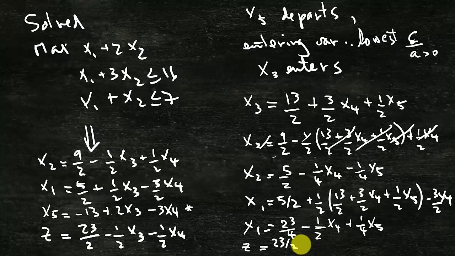Finally, we have z is equal to 23/2 minus 1/2 x3. Don't know if there's enough room here.